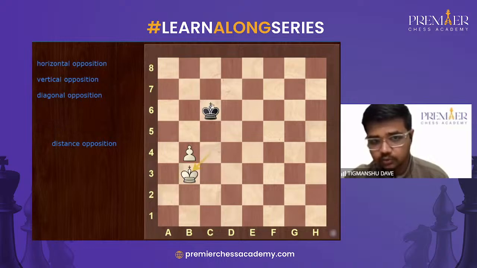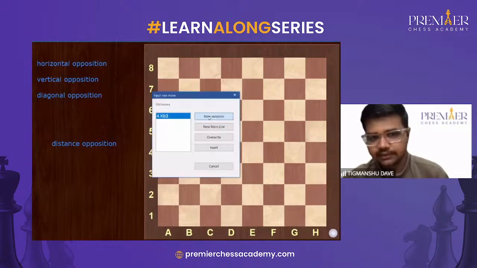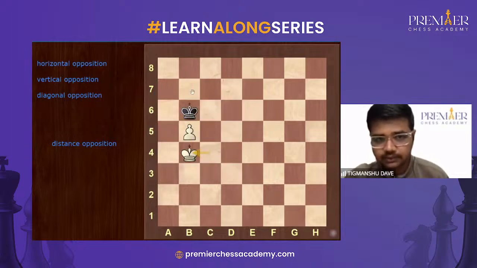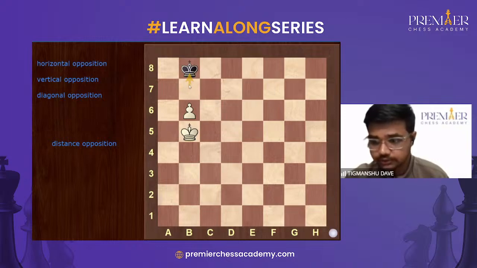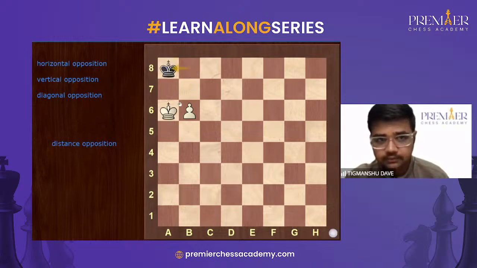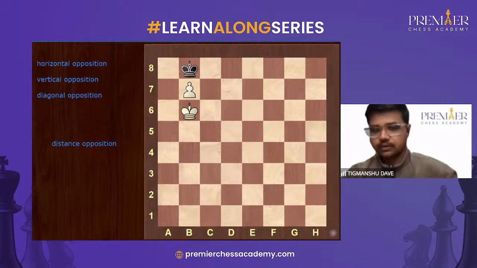You have to go back, or you can push the pawn, but it doesn't matter because it will become a draw. The black king will continue to take the opposition, and it has to go on b8, keep behind the pawn, and yes, it's a draw.